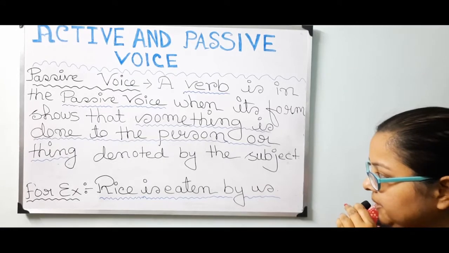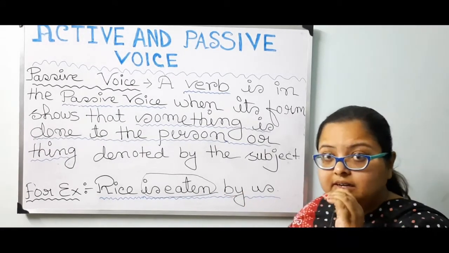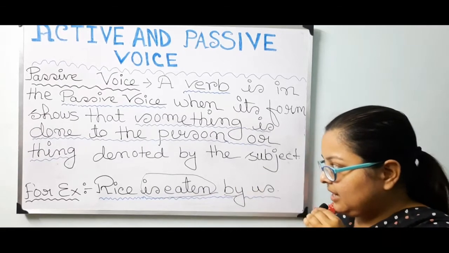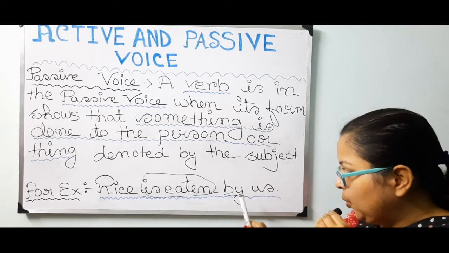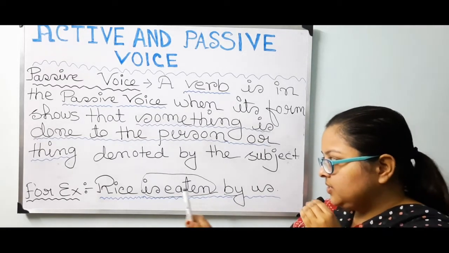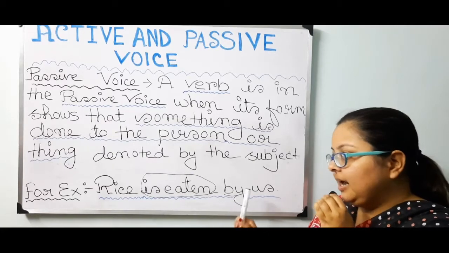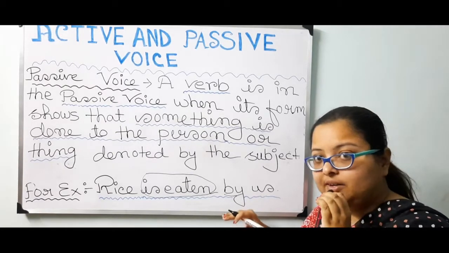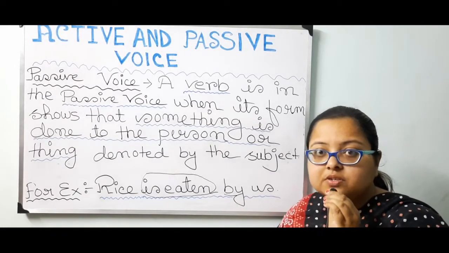Now see over here, for example, rice is eaten by us. So here we can see eat has turned to is eaten. By whom? By us. According to the format, you have to put by, then by whom?